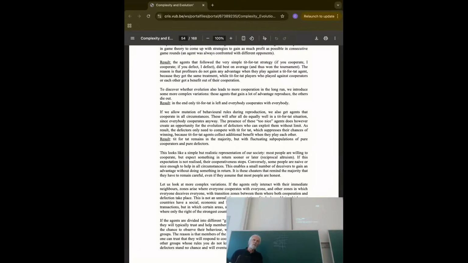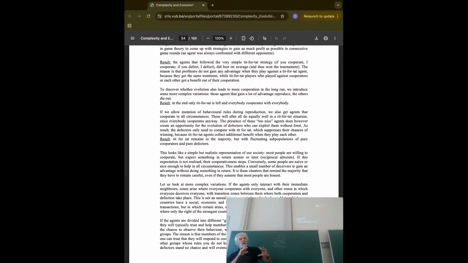Well, if the cheater plays against tit for tat, it will not make much gain because the next moment tit for tat will no longer cooperate with it. But if the cheater plays with them always cooperating, then the cheater can make gain because they're always cooperating. Each time again, he will be a sucker. Each time again, the too nice agent will lose out and the cheater will win.